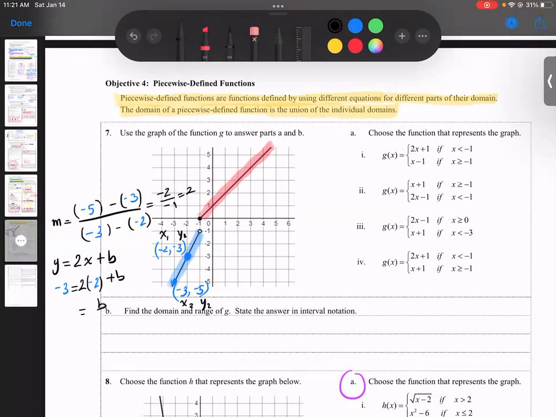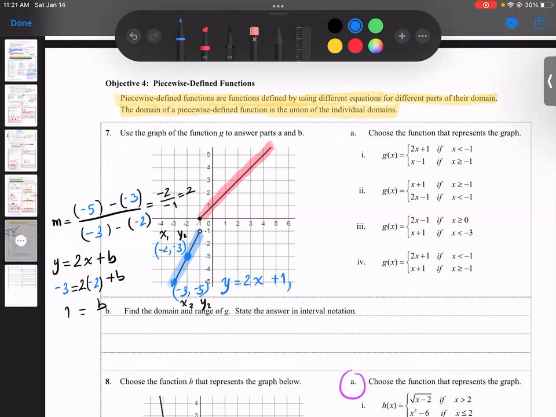Solve for b, b equals 1. So your final answer for the blue one, y equals mx plus b, is y equals 2x plus 1. That is the blue function.